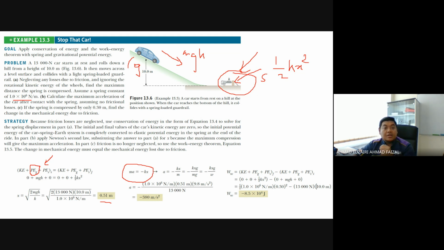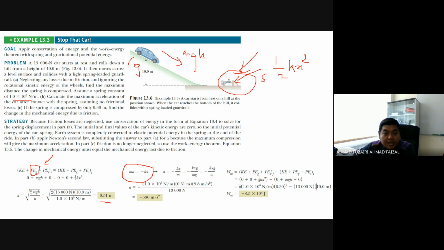The only friction involved in this question is in part C. So how to do that? We want to find the difference between before and after the collision. So we can use the non-conservative work equation to solve the problem.